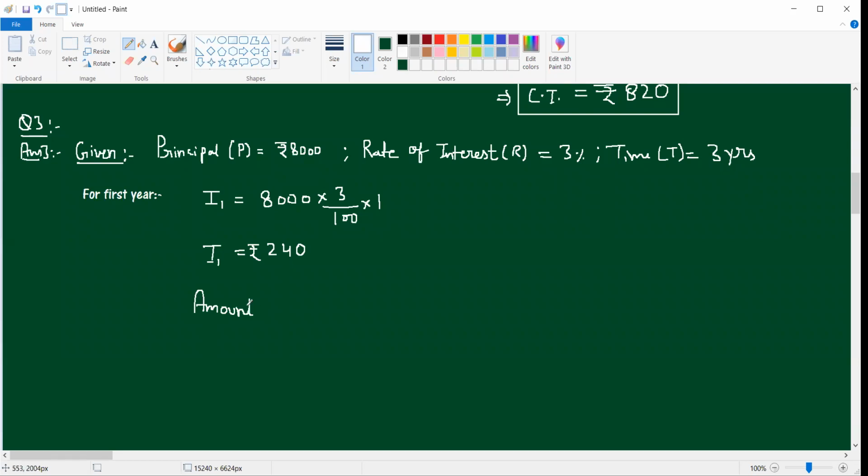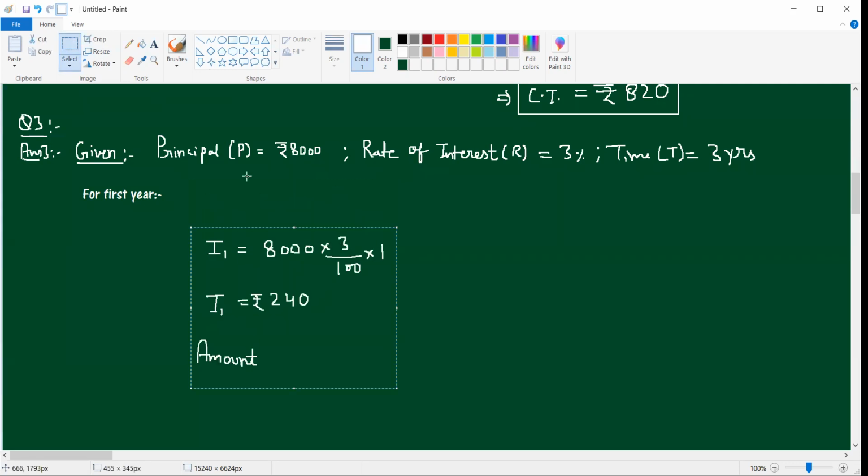Sir, do we have to write the full principal, or can we use the short form? Okay, let me clear this for you once and for all. First you have to mention this. When you write the given, it means you have already written principal P, rate of interest R, time T. So now you do not need to write principal again and again. Clear?